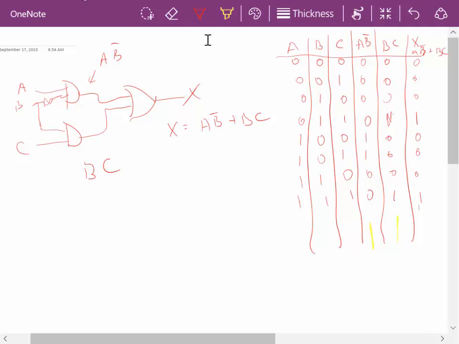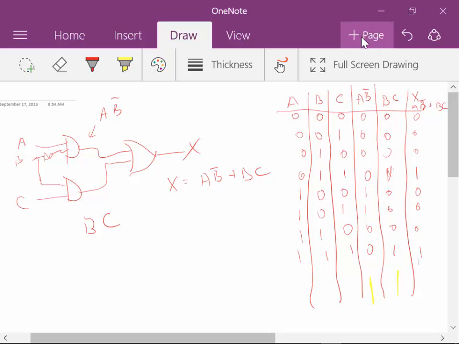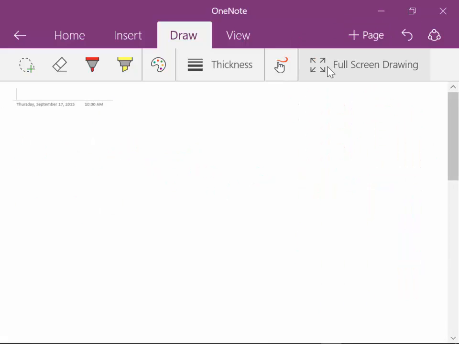One of the things we could do if we want to write our equations very quickly from a truth table is we can write it immediately from the sum of products notation.